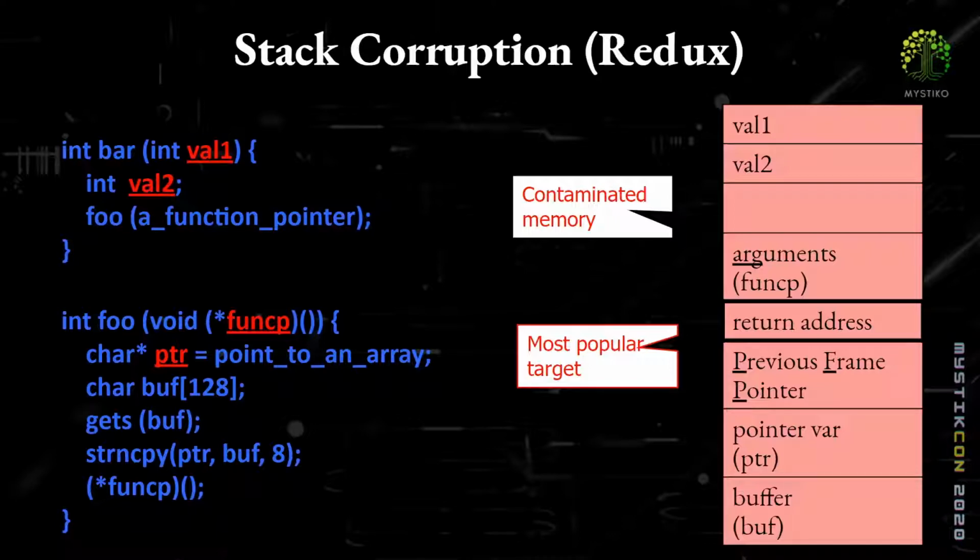So the most popular target in order to corrupt the stack here will be the return address pointer. Since we are providing value1 and value2, we can contaminate the memory just above the stack frame, and we can cause code execution there by returning there using the return address pointer.